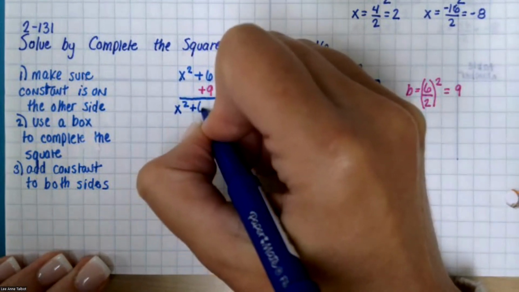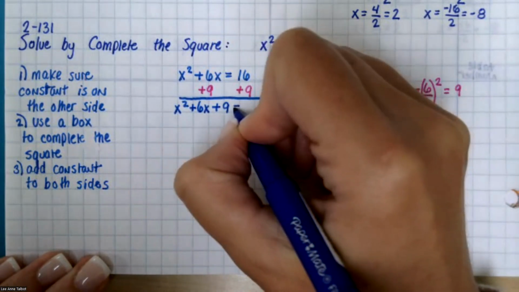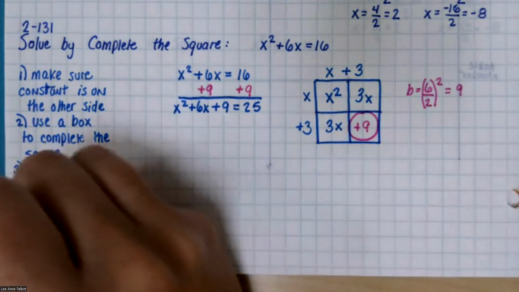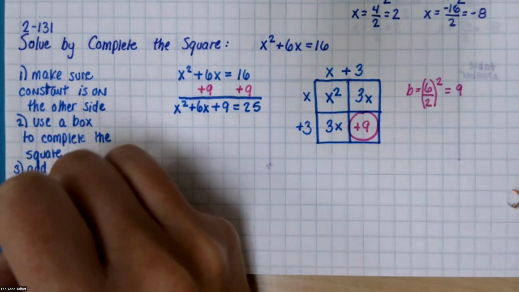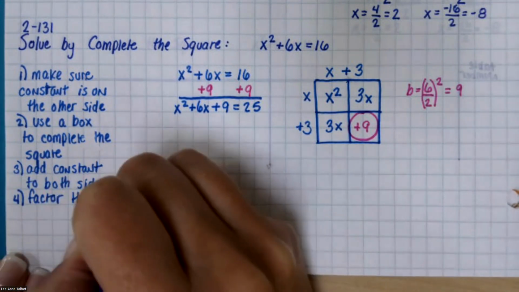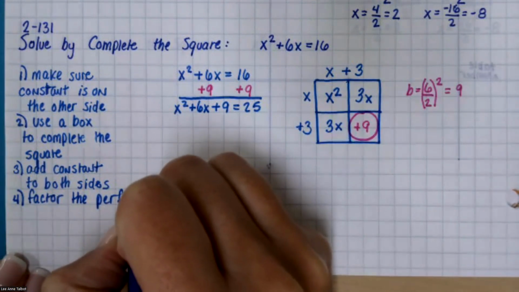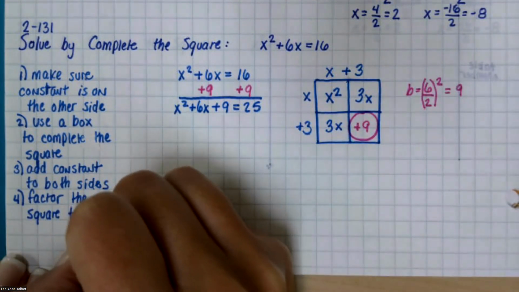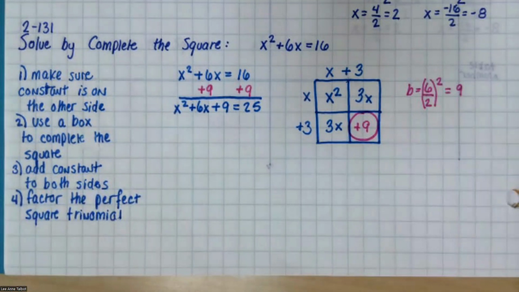X squared plus 6x plus 9 equals 25. Okay. Step 4. Factor the perfect square trinomial.